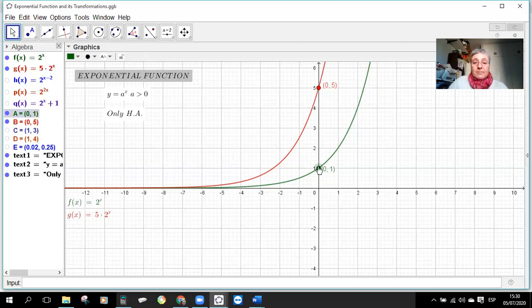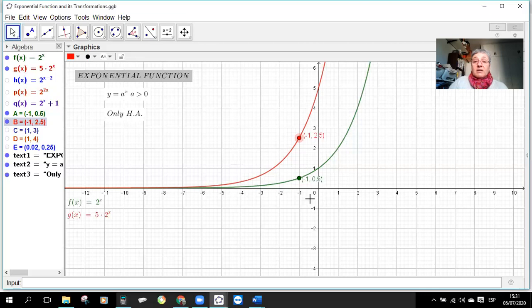Let's see what happens, for example, if we move to -1, we are going to be at 0.5, and if we move this one, the red one, to -1 here, we will find that the value of y has been multiplied by 5 because 0.5 multiplied by 5 gives you 2.5.